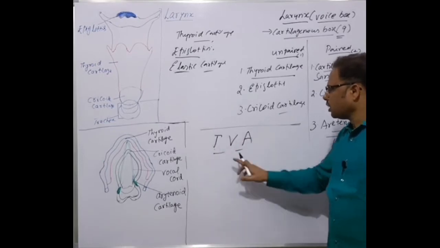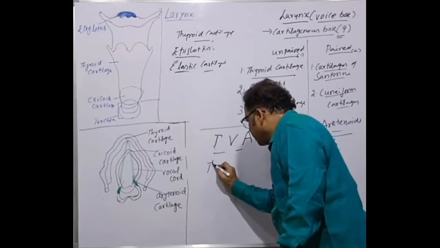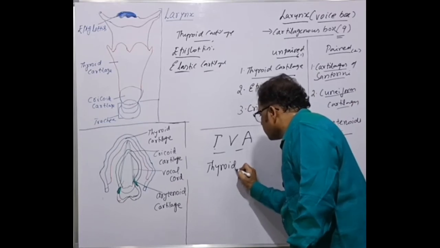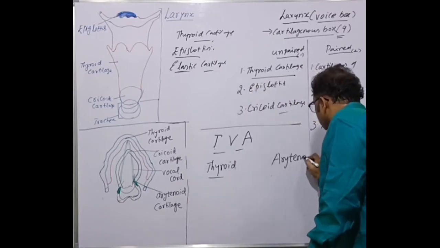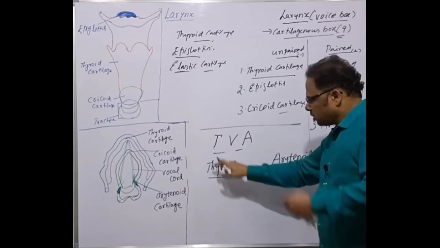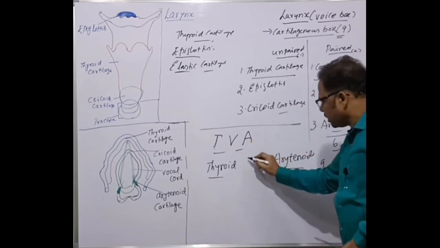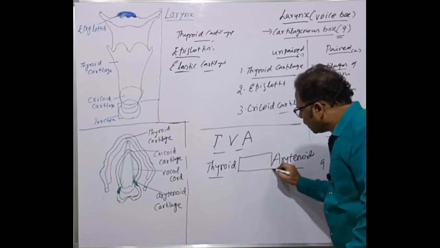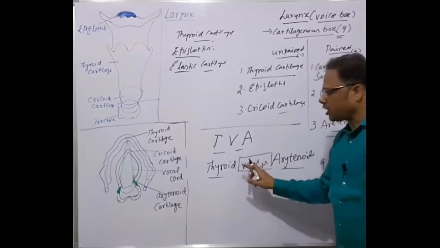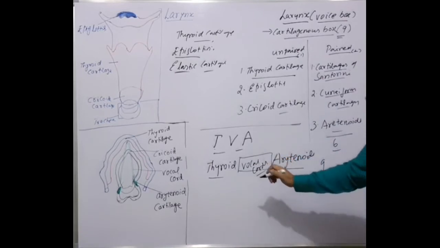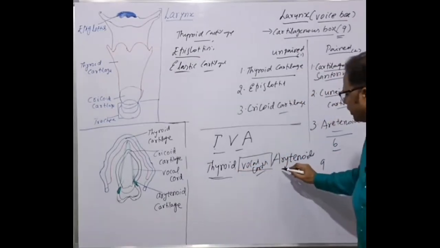Here T stands for thyroid and A stands for arytenoids, and V stands for vocal cords. That is, vocal cords are the structures present between the thyroid cartilage and the arytenoid cartilage.